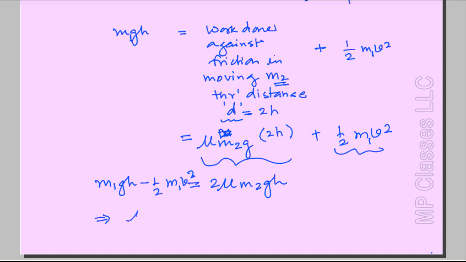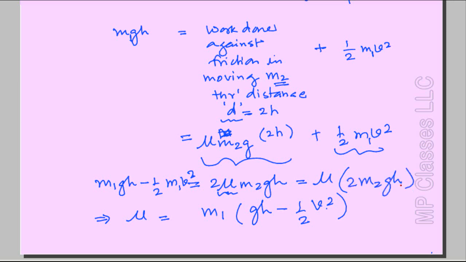So we write, implies mu is equal to M1 gh minus 1/2 M1 v square. I'm solving for this mu, so I have mu times 2 M2 gh, so that I can bring this whole thing underneath so that it divides it, M2 gh.